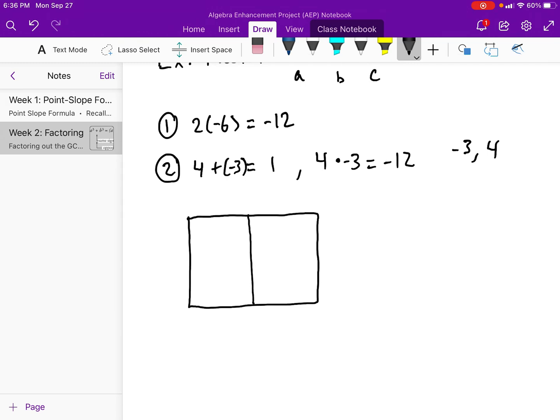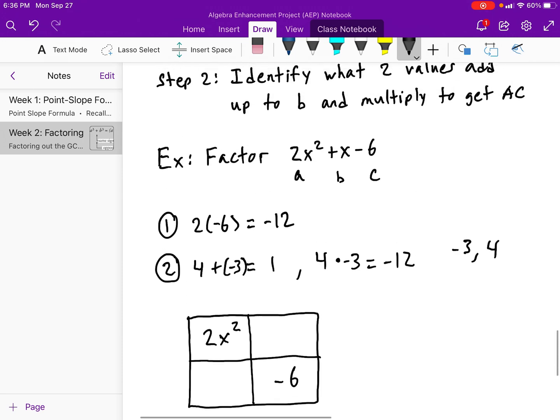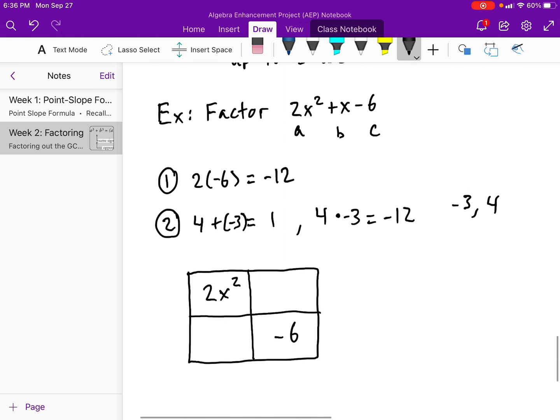In the top left, you put the first term of our quadratic, in this case 2x squared. And in the bottom right, you put the c, which was negative 6. Remember, our quadratic was 2x squared plus x minus 6. Top left is where our leading coefficient goes, 2x squared. Bottom right is where our c value, negative 6, goes.